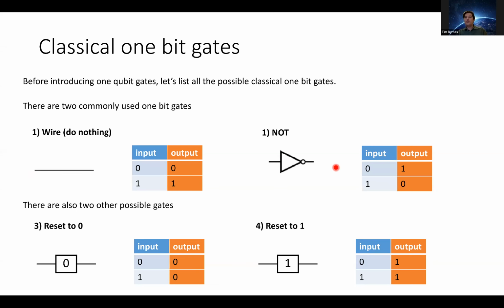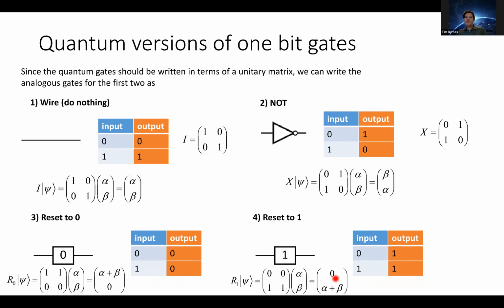These are the 4 different functions, or gates, if you like. You can either have something that does nothing, or there's a NOT gate, which just flips it, reset to 0, which makes 0 no matter what the input is, and reset to 1, which makes 1 no matter what the input is.